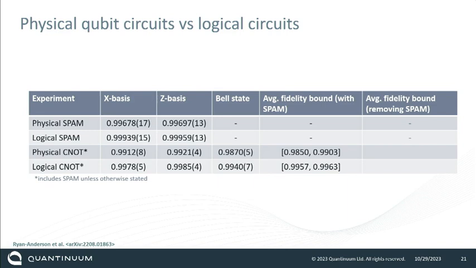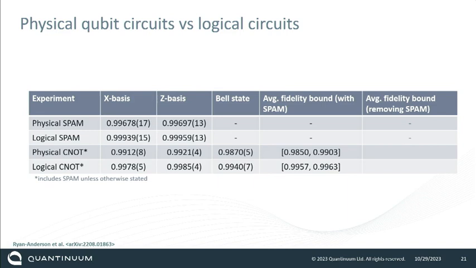Those on the far right are bounds on the fidelity. These experiments weren't a full set of experiments to have a single fidelity number, like a process fidelity, but with these bounds it shows the logical version is still doing better.